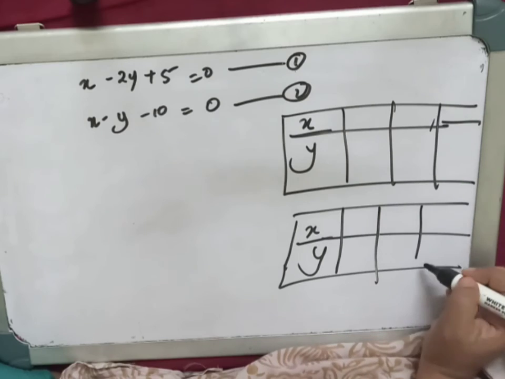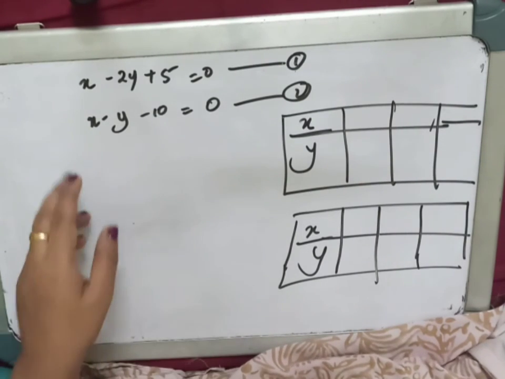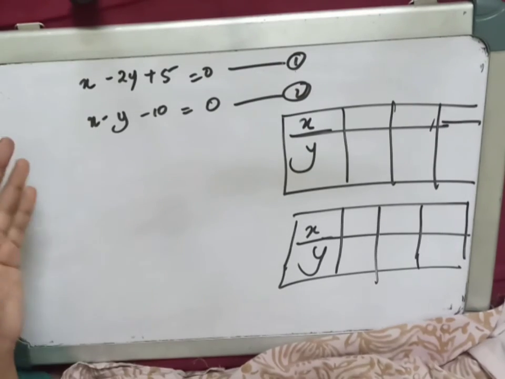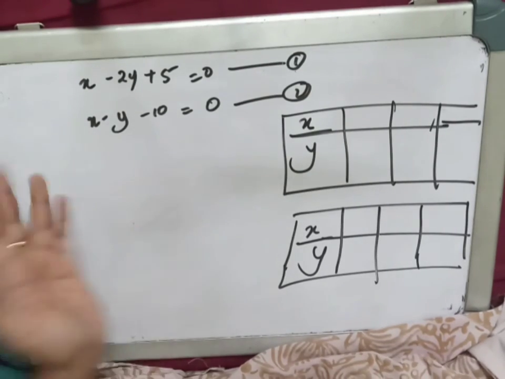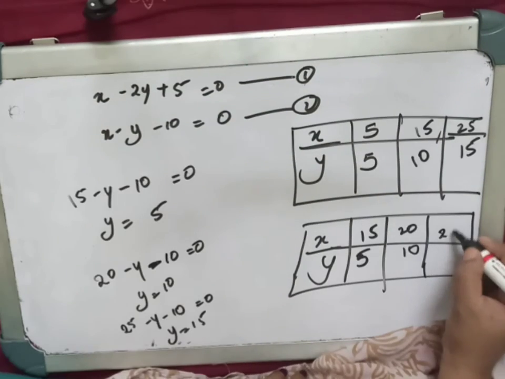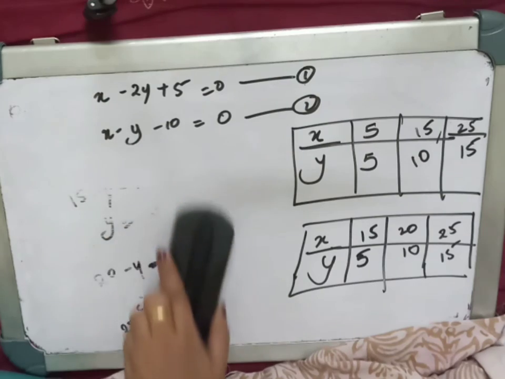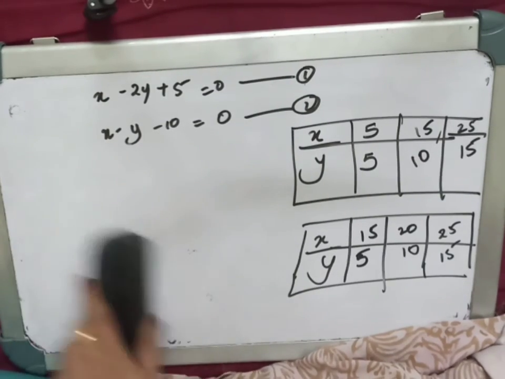Usually in the question we always substitute 0 for x and y and obtain the values, but as you can see here, when you substitute 0, the value obtained will be fractions, and that will be difficult to plot. So we have obtained values for both equations. Now let us plot.